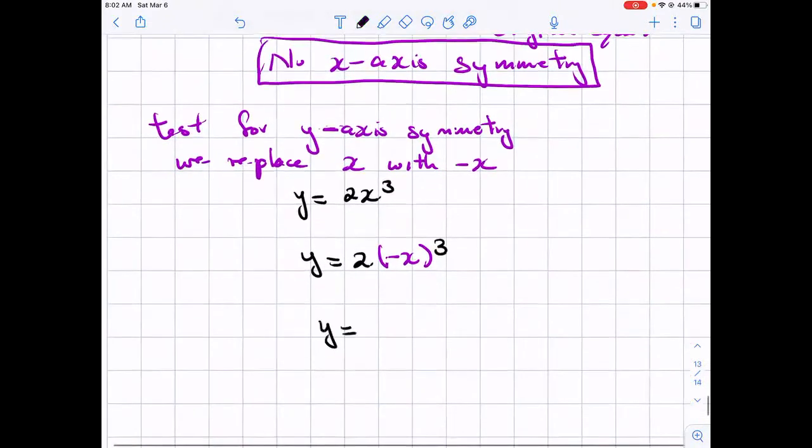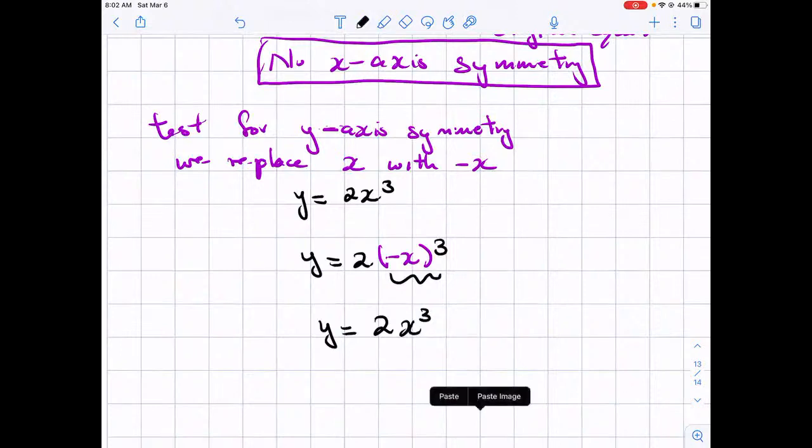If we cube this, it is the same as minus x cubed, and there's a minus here, right?